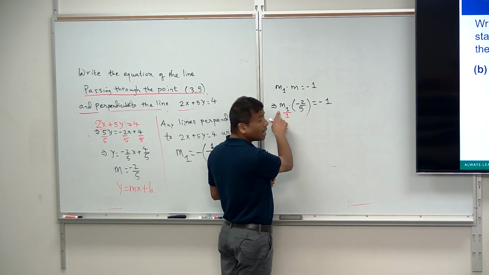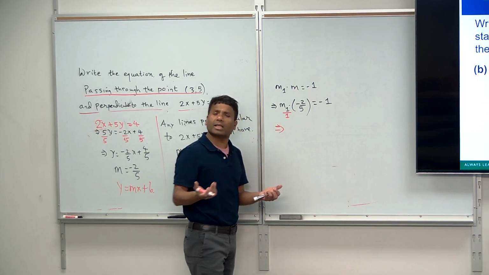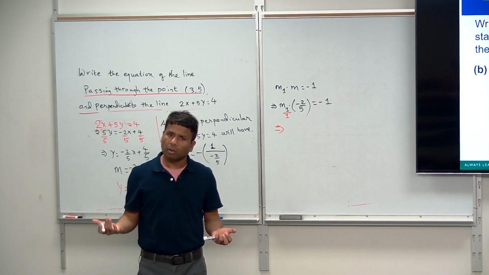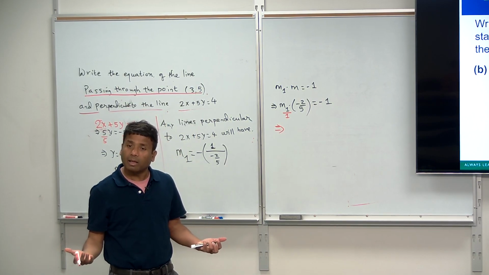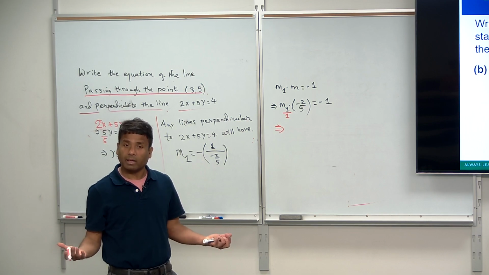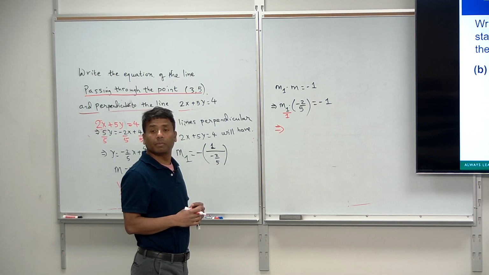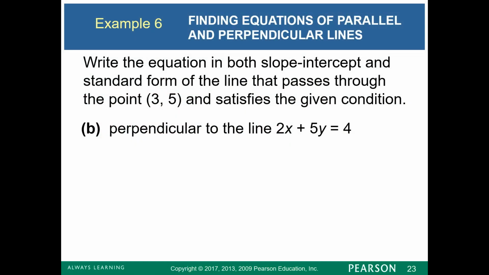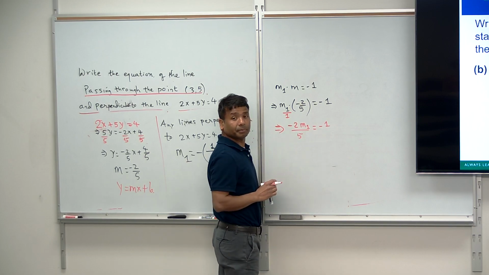So what is m1 times negative 2? Negative 2m1. So this is negative 2m1 over 5 equals negative 1. That makes sense?